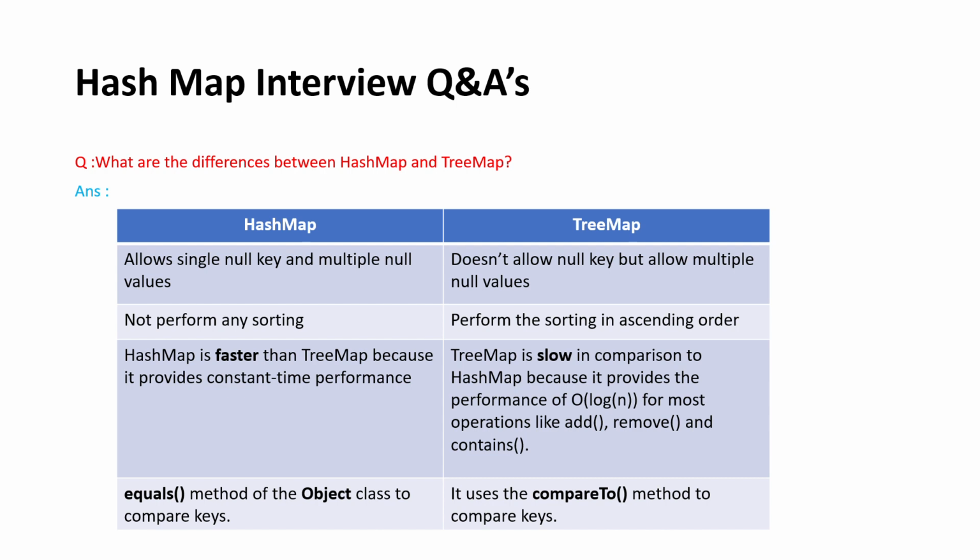Why is it fast? It is not thread safe, that is one thing. TreeMap is a little slower compared to HashMap, while adding, removing, and in the contains method, it will be slower. HashMap uses the equals method of the Object class to compare the keys, but TreeMap uses the compareTo method to compare the objects. So these are the important differences.